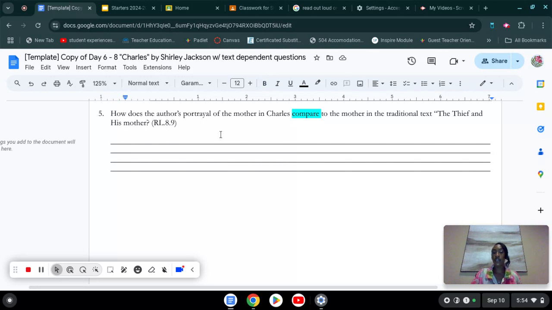So your sentence stem would be, the mom or the mother in "Charles" is the same, or you can put different, from the mother in "The Thief and His Mother."